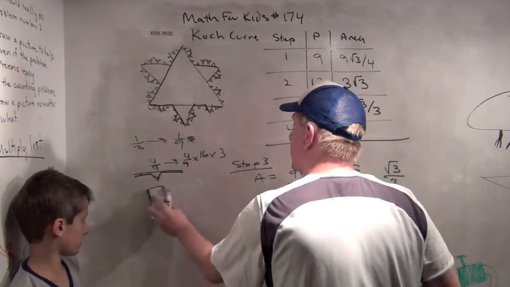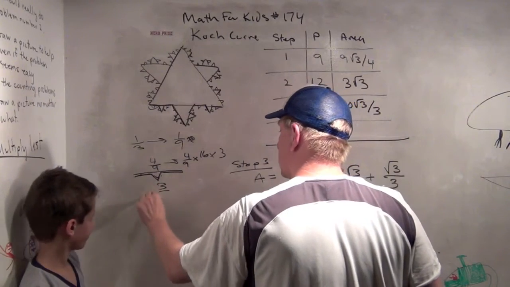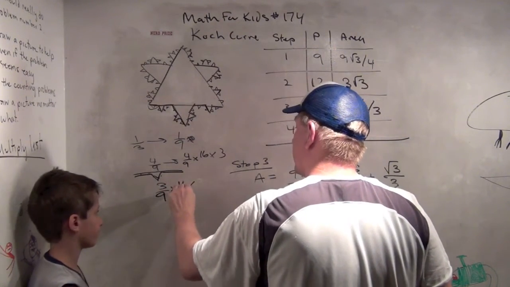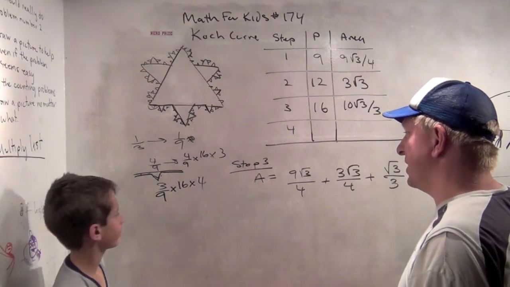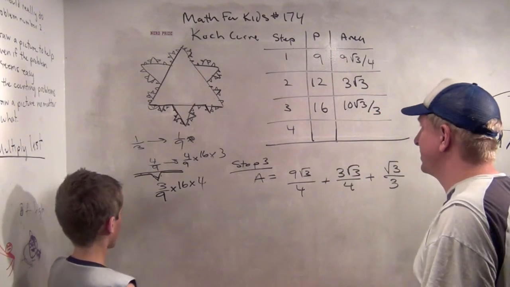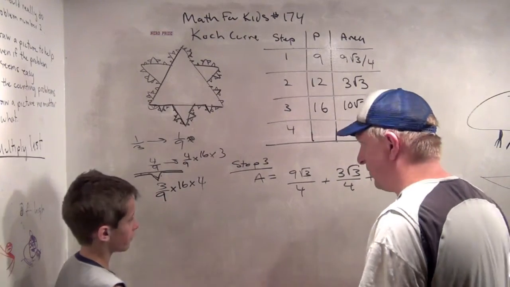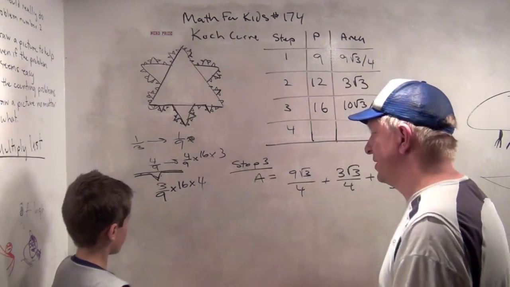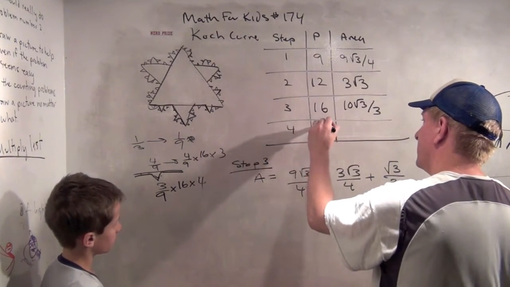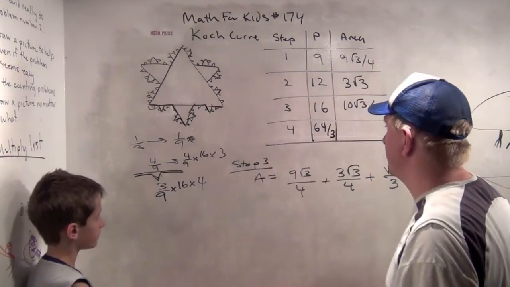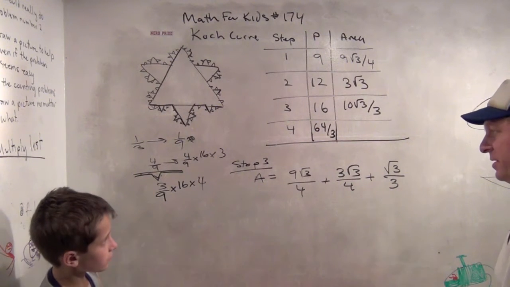This is the same as 3/9 times 16 times 4. Sorry about the thunder. We got a pretty good storm coming through. 3/9 times 16 times 4. What's this equal to? 3/9 is 1/3. Okay, 1/3, and 16 times 4 is 64. So we get 64 thirds is the perimeter this time around.